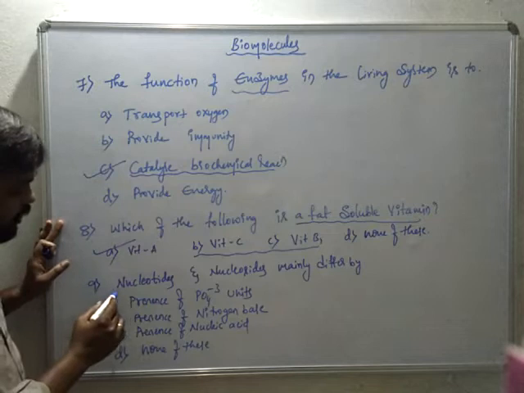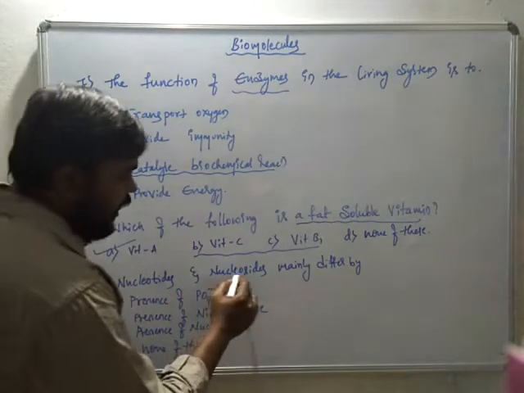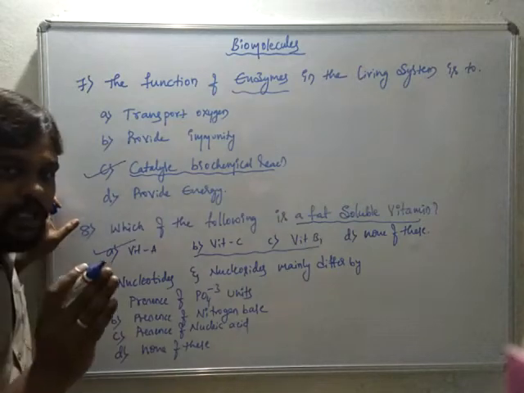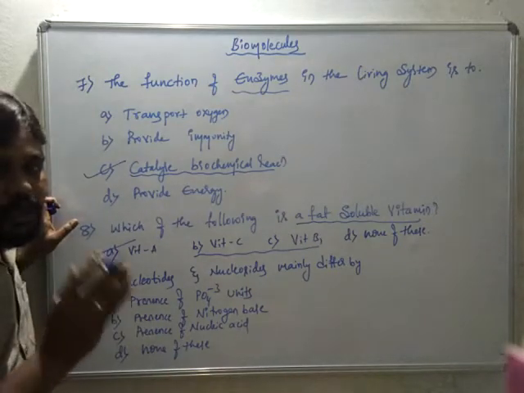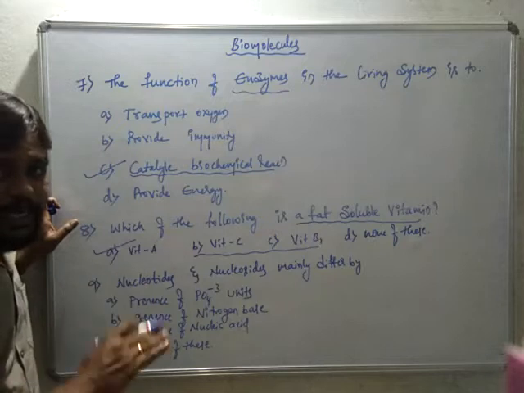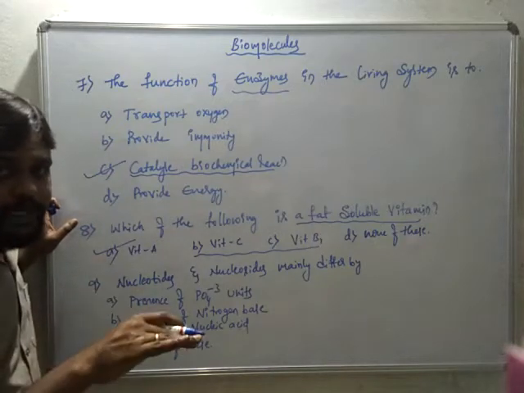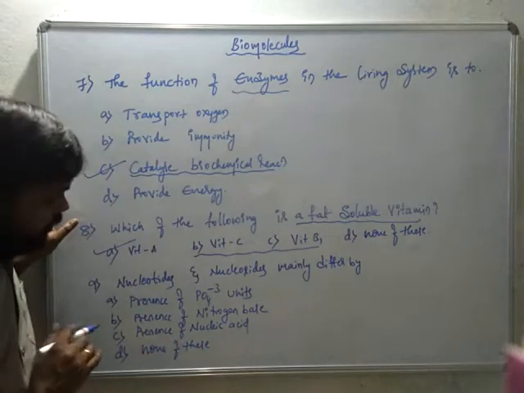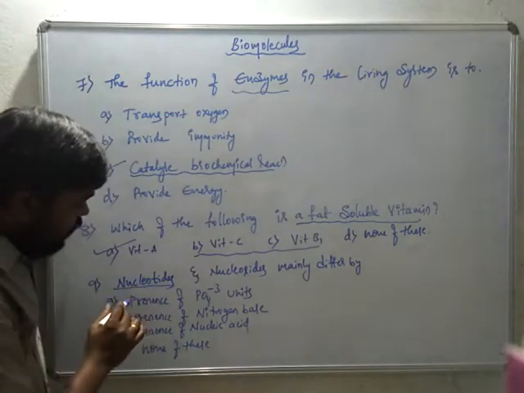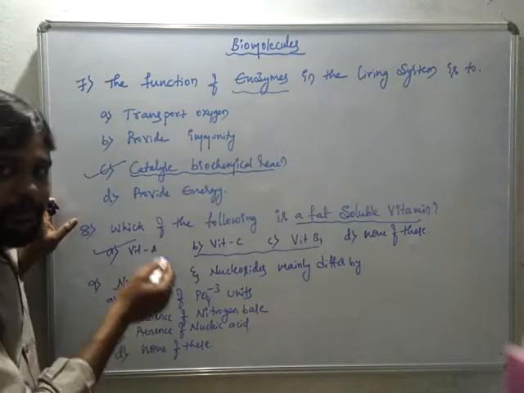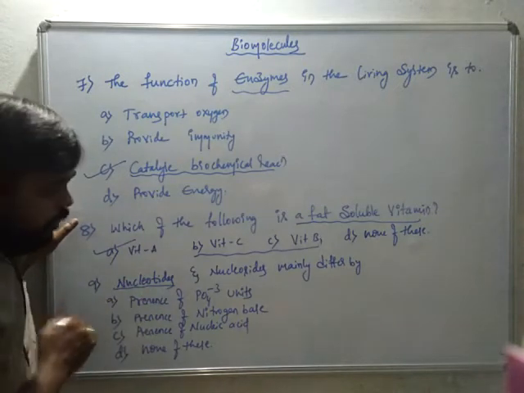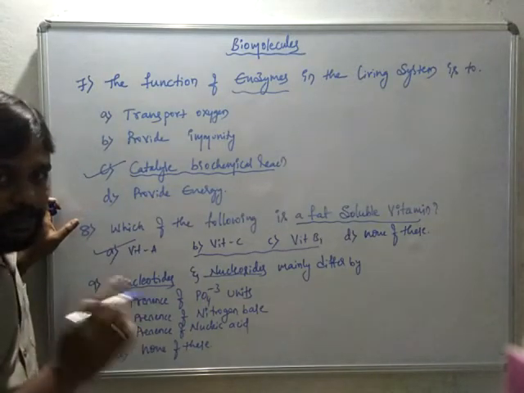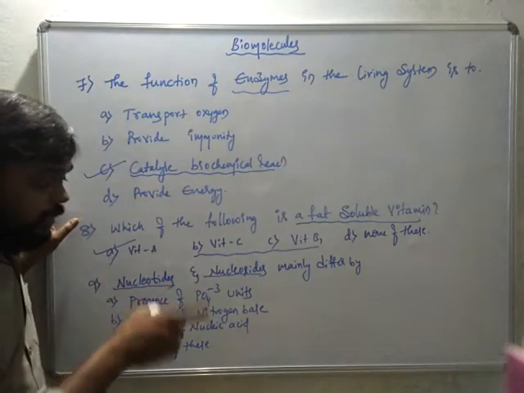In the next question, nucleotides and nucleosides mainly differ by. I told you nucleic acid is a polymeric chain of nucleotides. A nucleotide divides into nucleoside and phosphate, and a nucleoside divides into pentose sugar and nitrogen base. That means a nucleotide contains nitrogen base, pentose sugar and phosphate group, whereas a nucleoside contains only pentose sugar and nitrogen base.